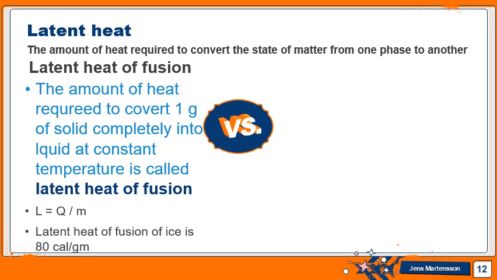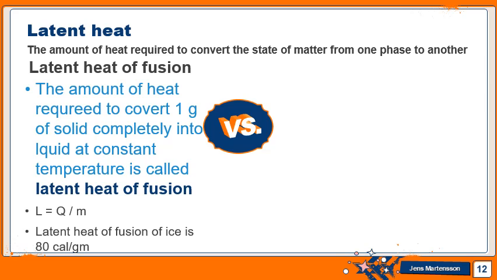Ice while melting, the temperature remains constant, as I already told you. That temperature is called the melting point. So at the melting point, if you take 1 gram of solid ice, the heat energy required is called the latent heat of fusion.